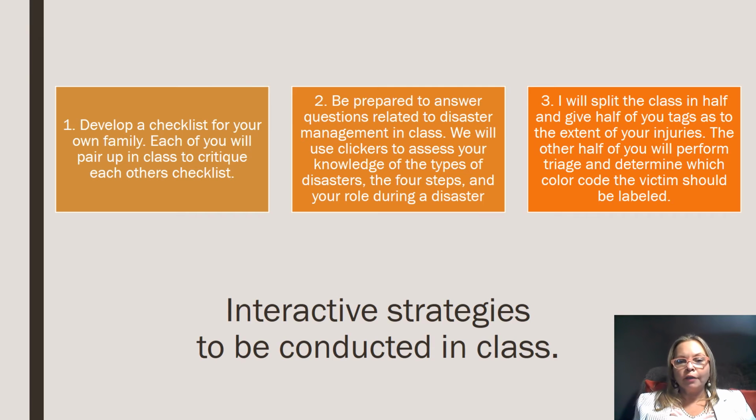Be prepared to answer questions related to disaster management. We're going to be using the clickers so that we can all be engaged in trying to answer these questions. The more we answer and the more possibilities that we encounter, the better you're likely to do on your test. And then that slide we showed about the color coding for triage.